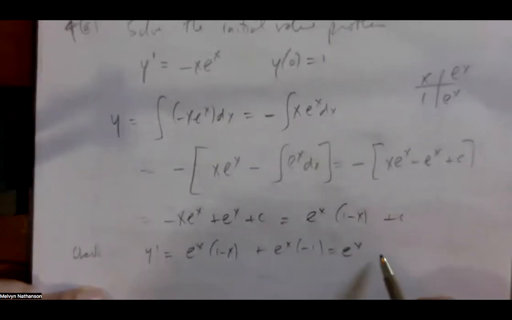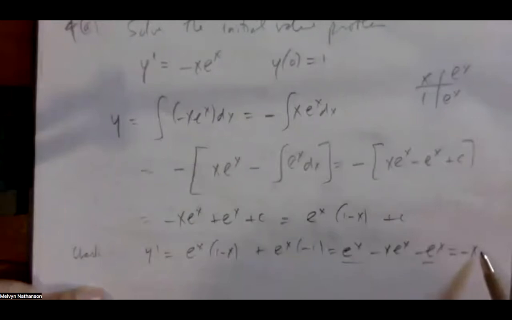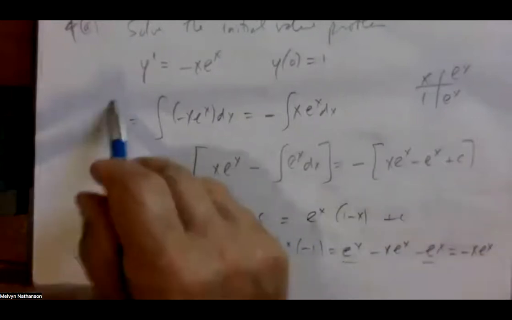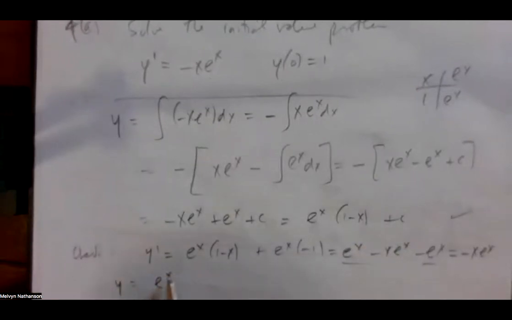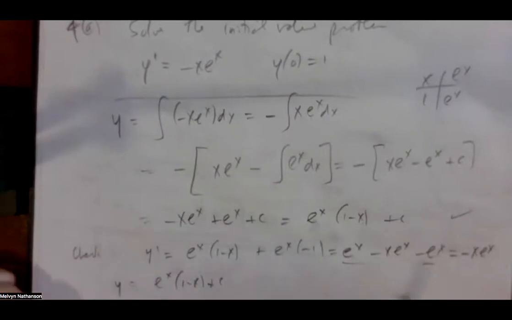So this is e to the x minus x e to the x minus e to the x. These cancel. This is minus x e to the x. Oh, so this is correct for any value of c. So y is equal to e to the x times 1 minus x plus c.